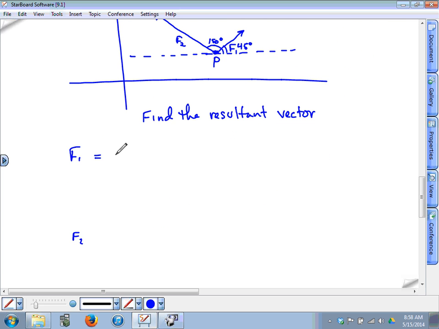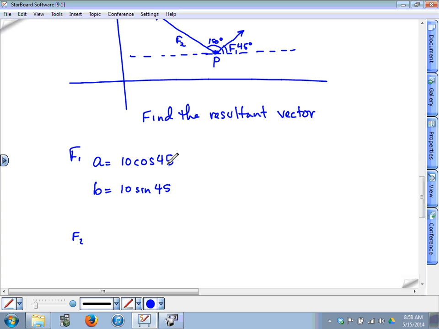So this is going to be, for A, 10 times the cosine of the angle. B is going to be 10 times the sine. 45 degrees, that's not too bad. What's the sine of 45 and the cosine of 45? They're both the same.